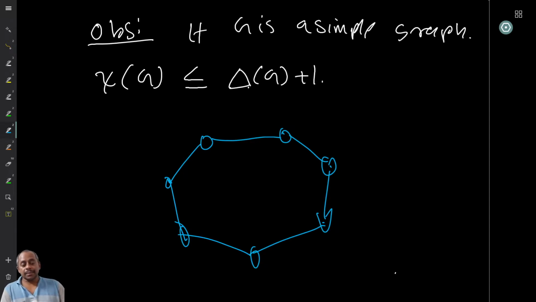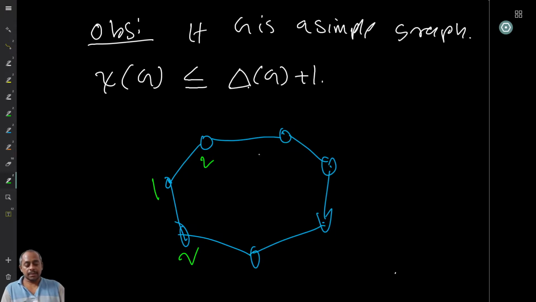But it requires 3 colors because, as we observed in the case of C5 earlier, if I start with color 1, then I am forced to give color 2 to these 2 guys if I am using at most 2 colors.